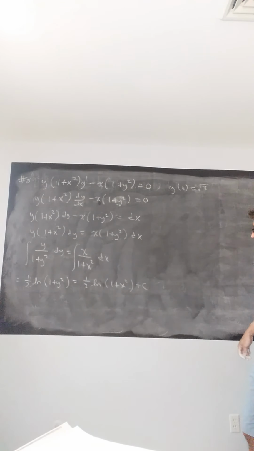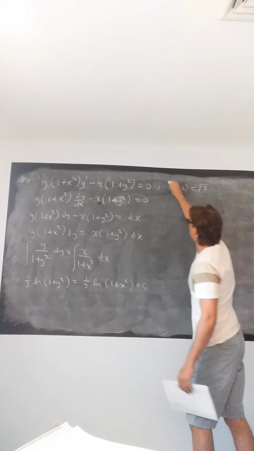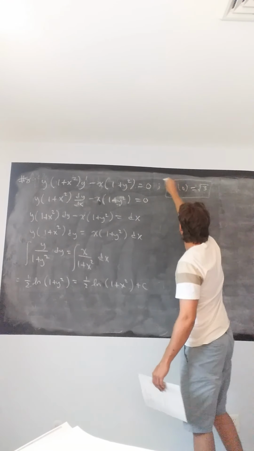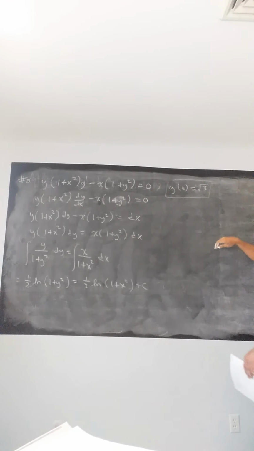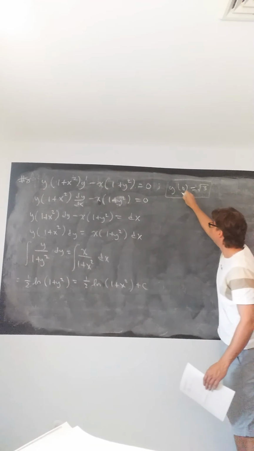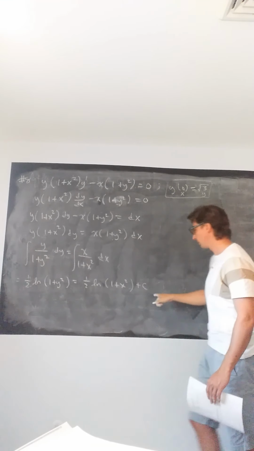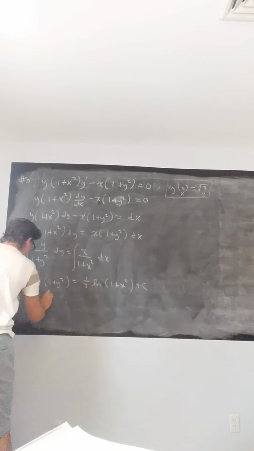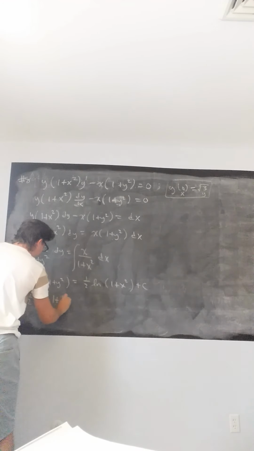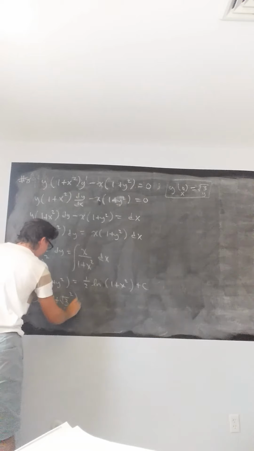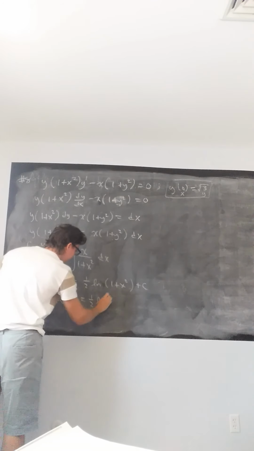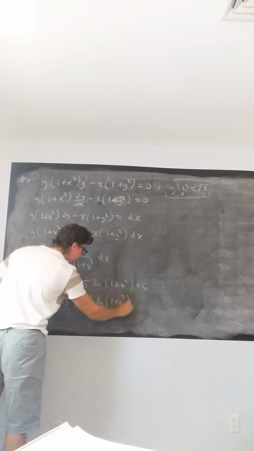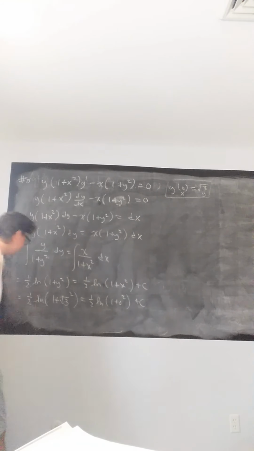Now, we have the initial condition. y of 0 is √3. So this is your x, and this is your y. So we're going to plug them in and solve for c. We get 1/2 the ln of 1 plus √3 squared equals 1/2 the ln of 1 plus 0 squared plus c.